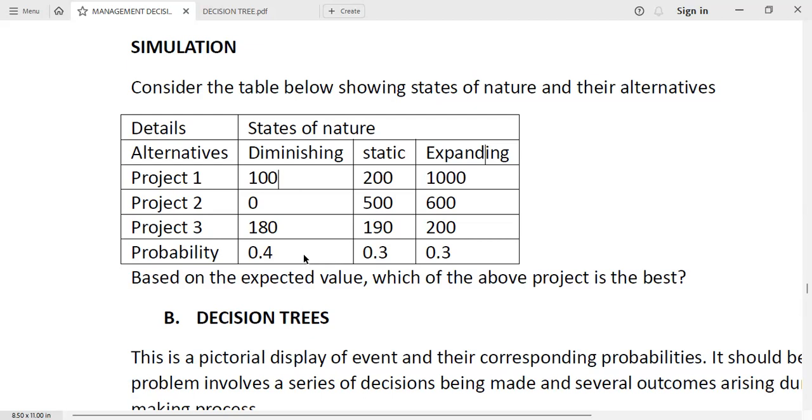In other words, these are going to be within the control of the decision maker. It's the decision maker to know which kind of project he or she is going to undertake. But it is always these states of nature, which are the things that are going to be outside the control of the decision maker, that will determine which project they should get, depending on the results or the outcomes, because the state of nature always dictates what is going to be the likely outcome.